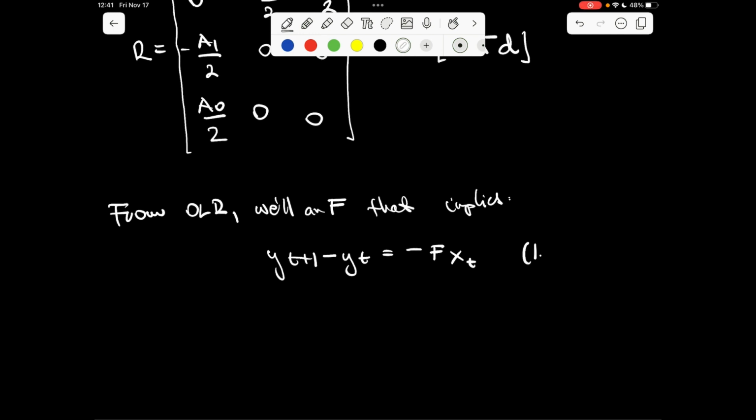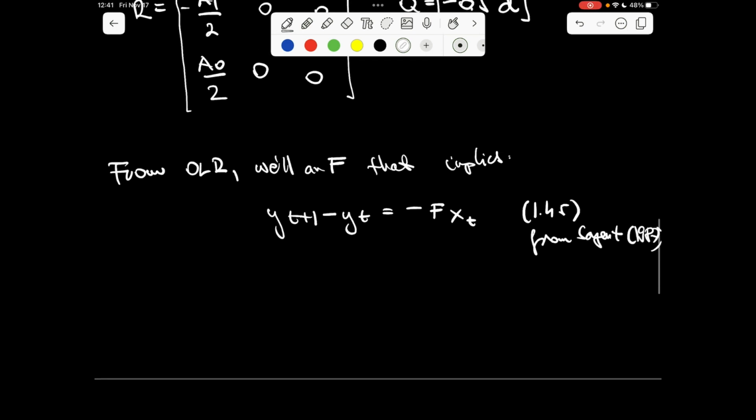This is equation 1.45 from Sargent's textbook.